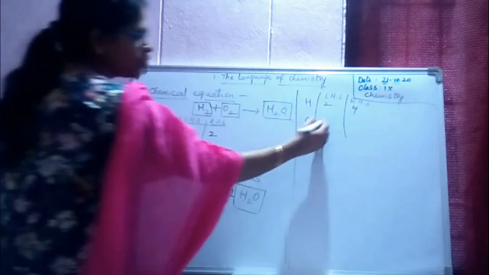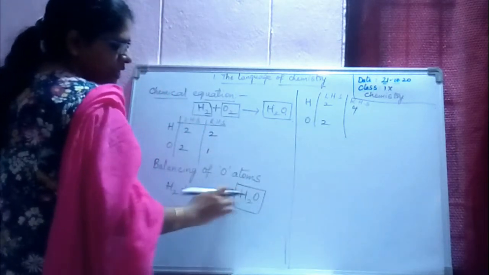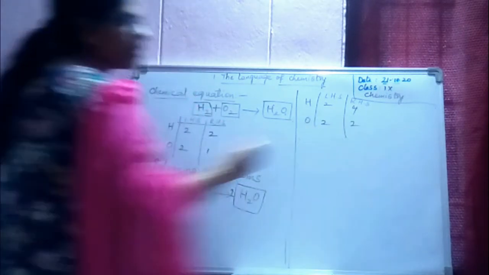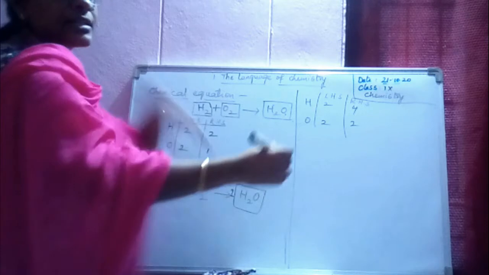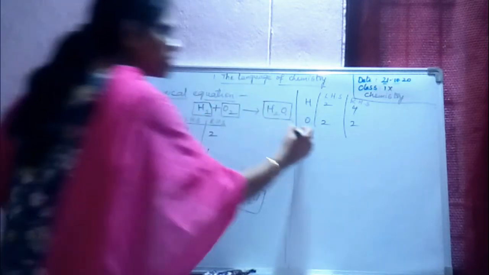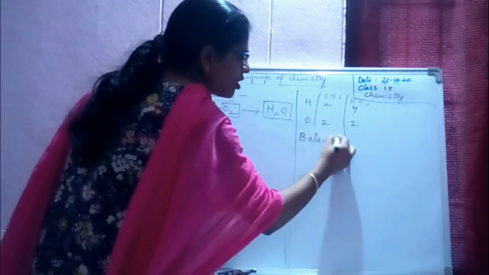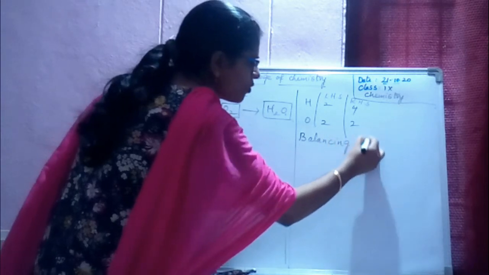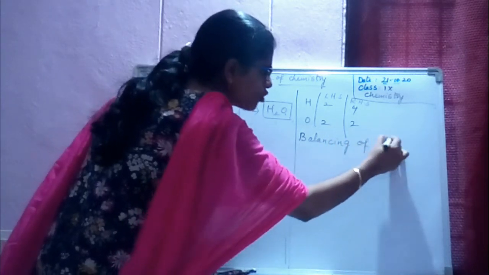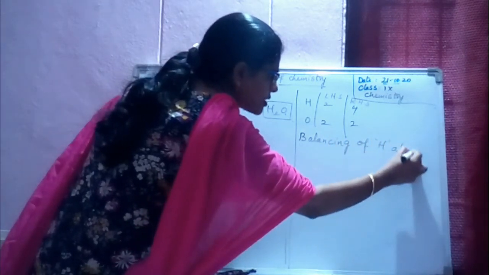Oxygens, 2. How many oxygens? 2. Now which one is not balanced here? Hydrogens. Right. Balancing of what atoms? Hydrogen atoms.